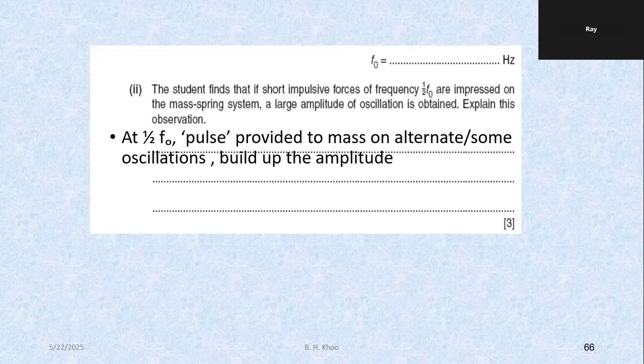Pulses provided to the mass alternately build up the amplitude. It's just a resonance. That's why you push, you miss, you push, you miss, you push, you miss. So you build up the amplitude. The energy is given by the external force or impulsive force.